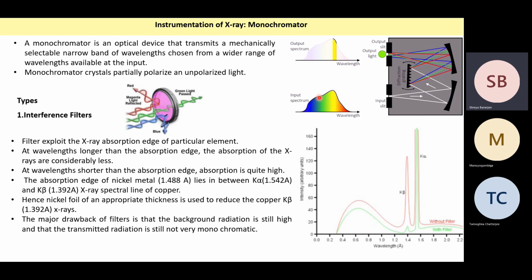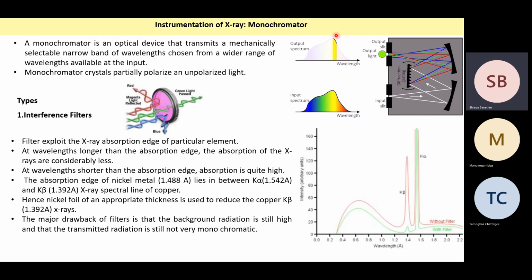Suppose your input spectrum consists of all these wavelengths shown here. You pass it through a monochromator and only some selected wavelengths, highlighted by this yellow portion here, are the output. So the monochromator partially polarizes unpolarized light so that only a select few wavelengths are passed.